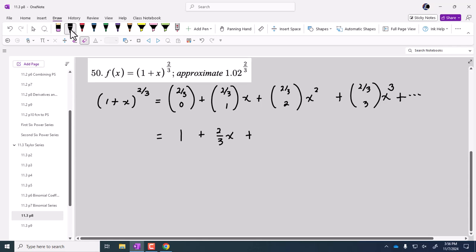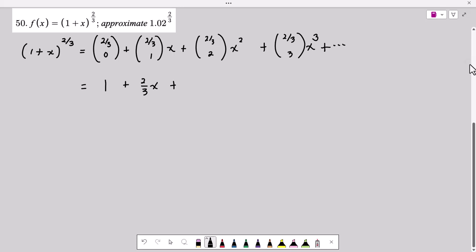Now we have to figure out the coefficients down here. We're going to start with 2/3, and then we're going to subtract 1 until we get to 2 factors. So 2/3, we subtract 1, we get -1/3, divided by 2 factorial.